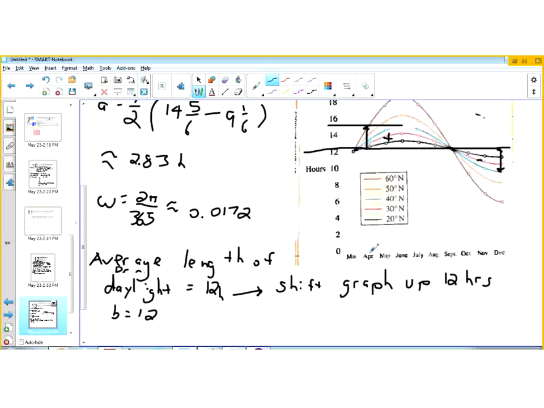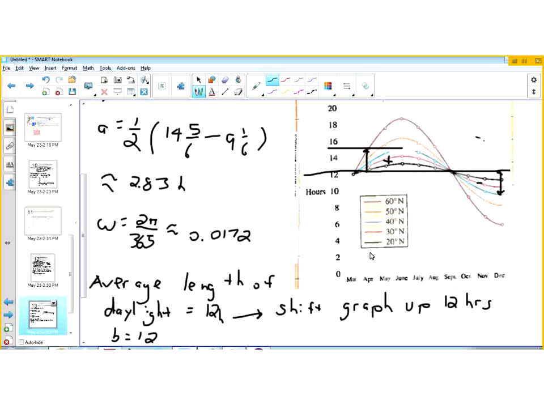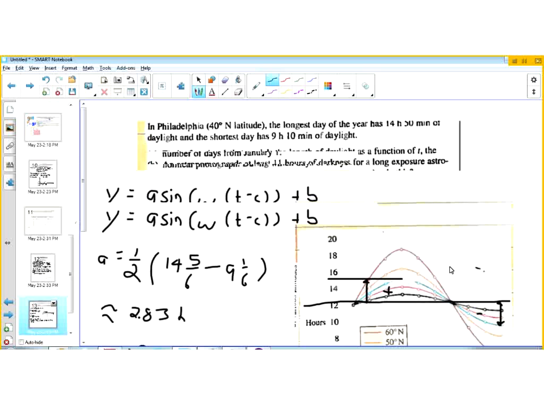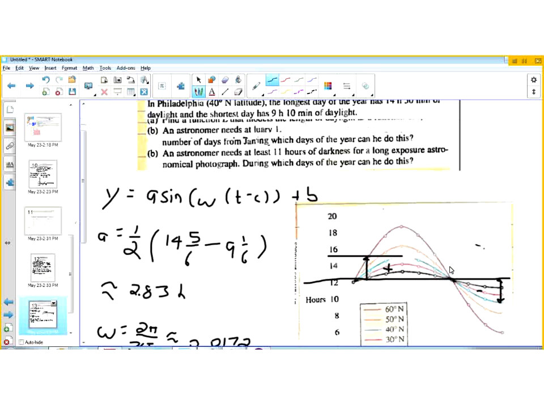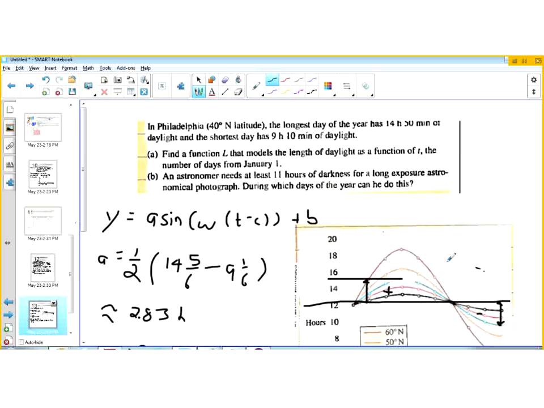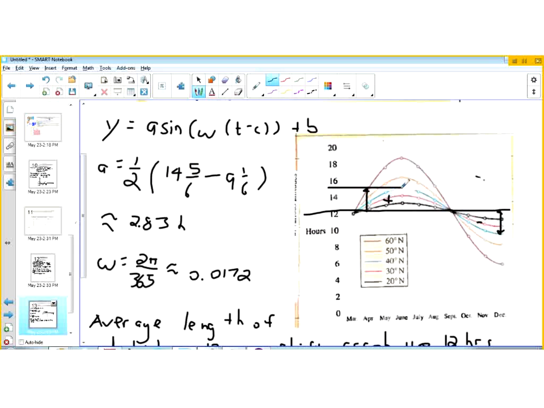Okay, so where on the blue graph do the daylight hours equal 12? Does it say in the problem? It doesn't say.